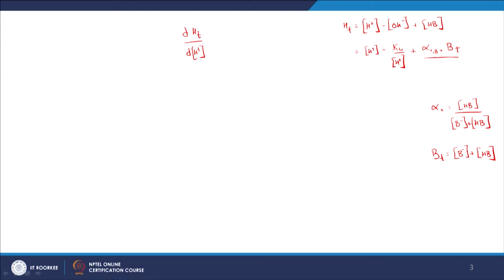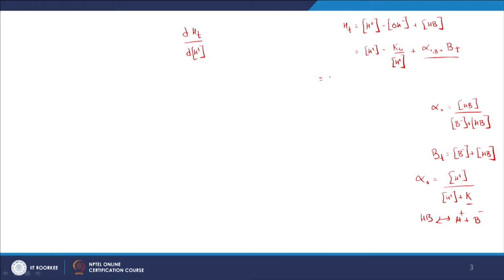And obviously we also know that alpha naught can be expressed as H plus by H plus plus K, K being the acid dissociation constant for HB, right? HB dissociating to H plus and B minus, and the relevant acid dissociation constant is K. So let's plug this in here.